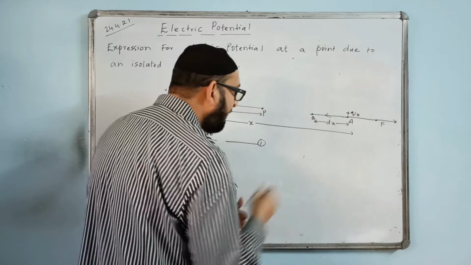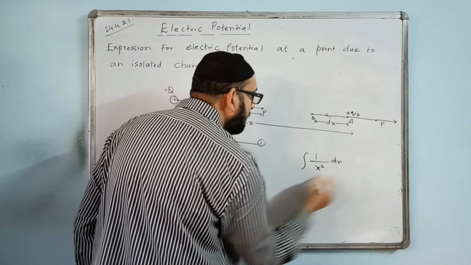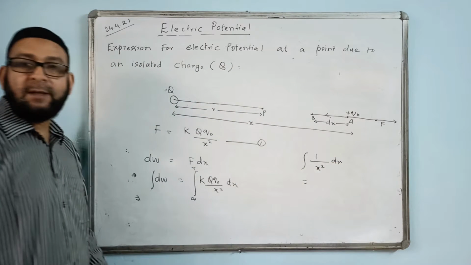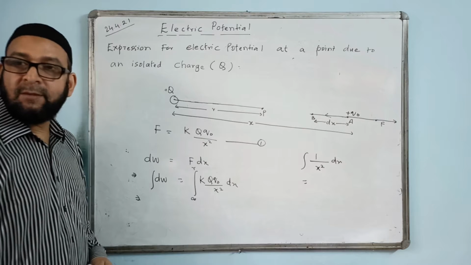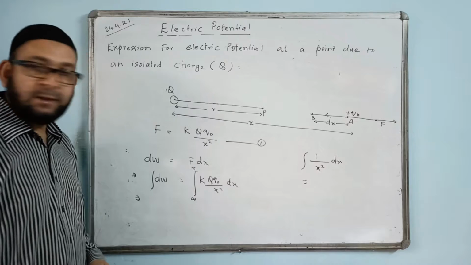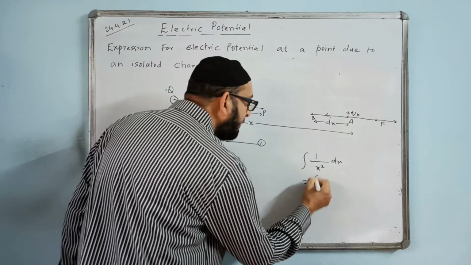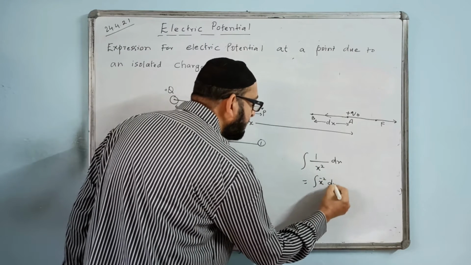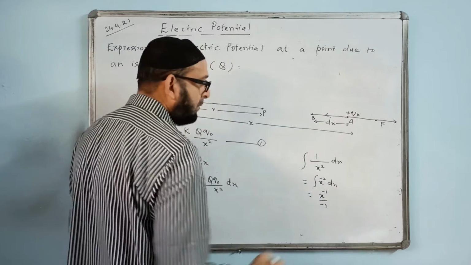Similarly, if I have 1 by x square dx, what is the integration of this? You can just check and let me know how much is the value. If you do the integration of 1 by x square dx, x square will be taken up, it becomes x to the power of minus 2 dx, which becomes x to the power of minus 1 by minus 1.